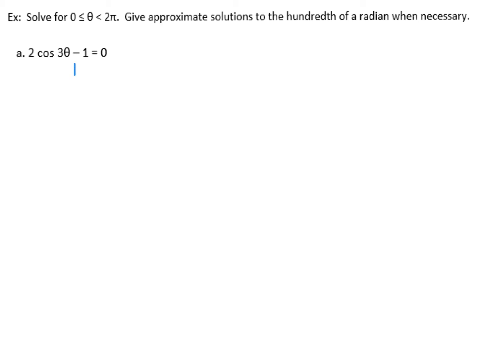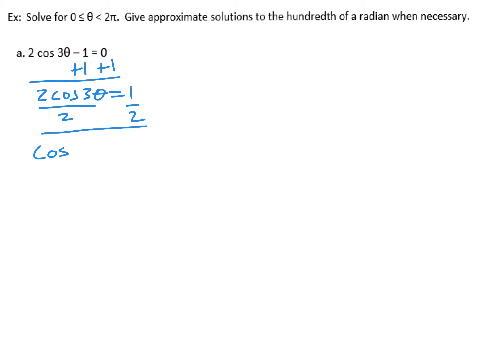All right, trig term by itself. Add 1. No different. Divide by 2, right? We're getting the trig term by itself. Cosine of 3 theta equals a half, right? Cosine of 3 theta equals a half. Okay.